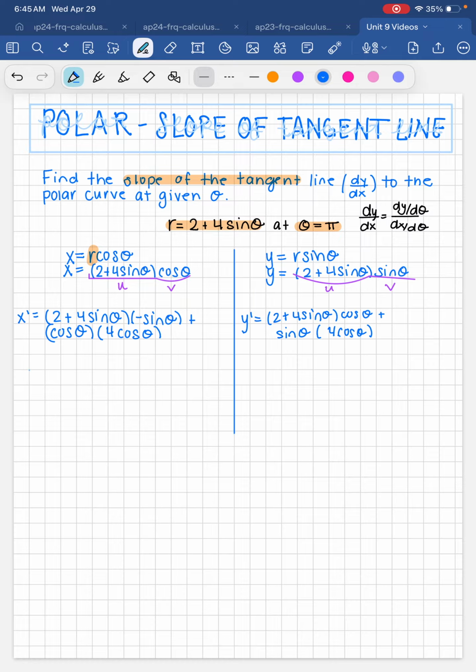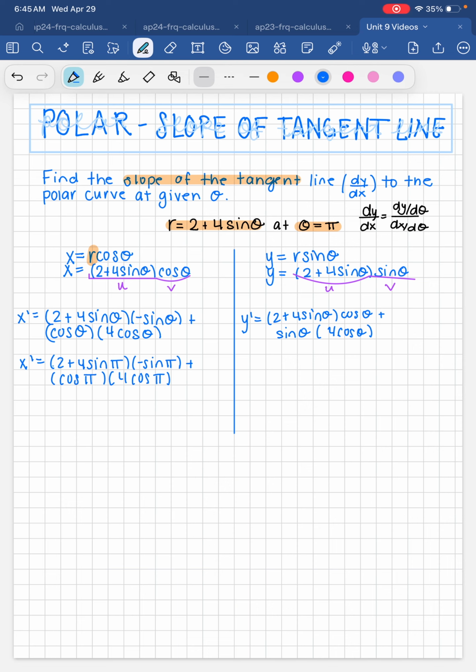Okay, so now we're going to replace theta with pi. So x prime is going to be 2 plus 4 sine pi, times negative sine pi, plus cosine pi, times 4 cosine pi. All right, now we got to very, very carefully evaluate all of these.